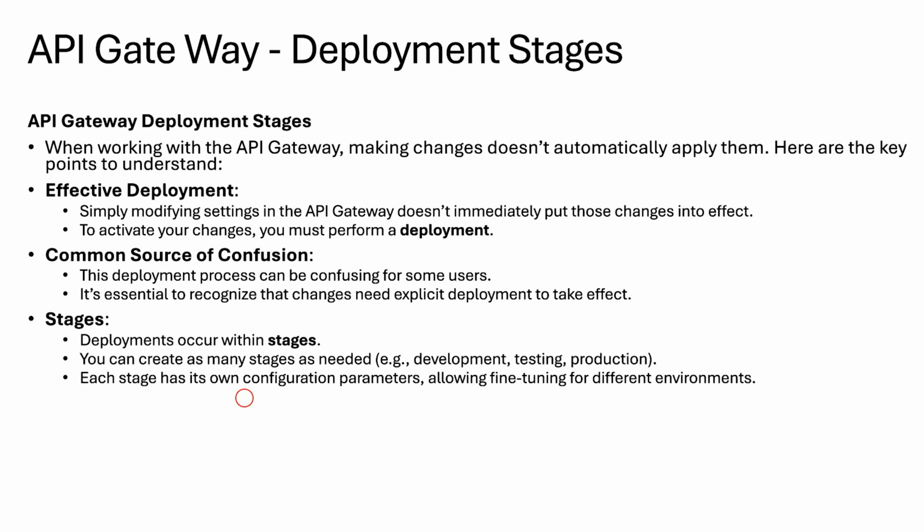What does it mean? For example, you have a development stage, a testing stage, and a production stage, and you have your databases. For development, you use DevDB. For testing, you use UATDB or SITDB. And for production, you use the actual production DB.